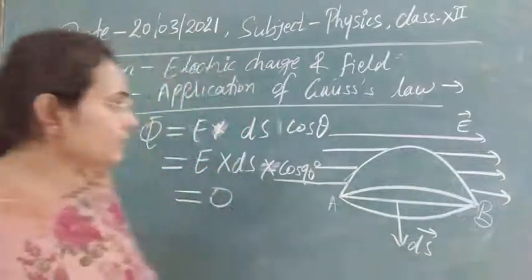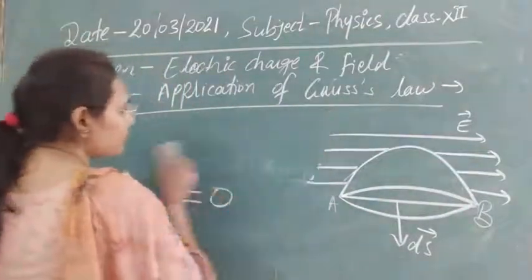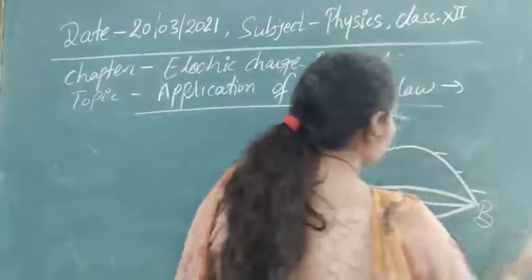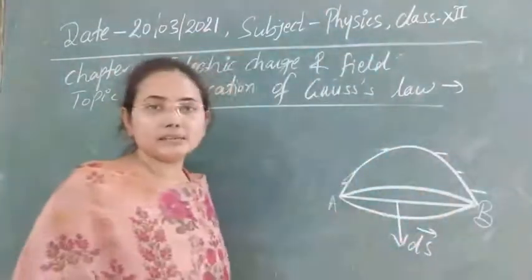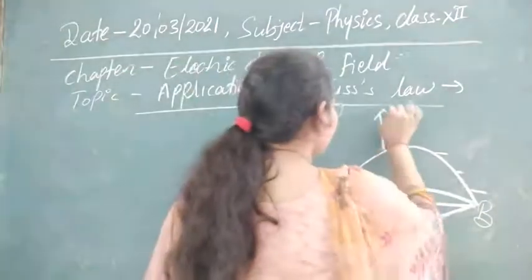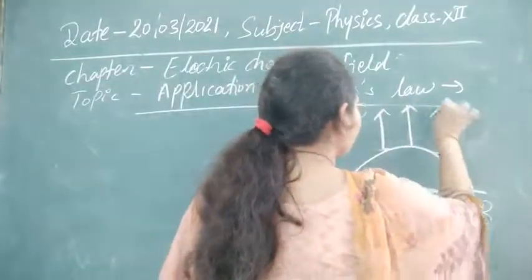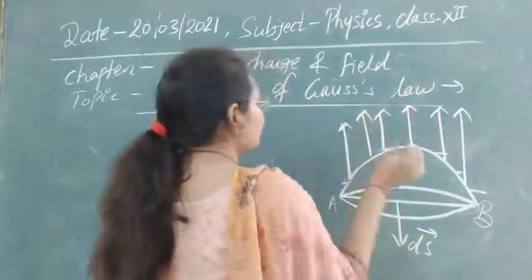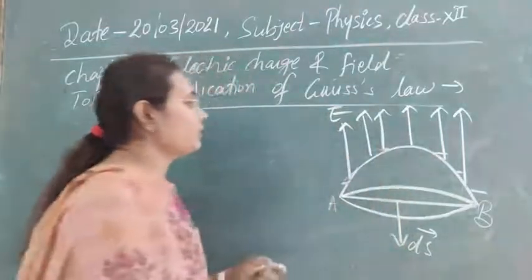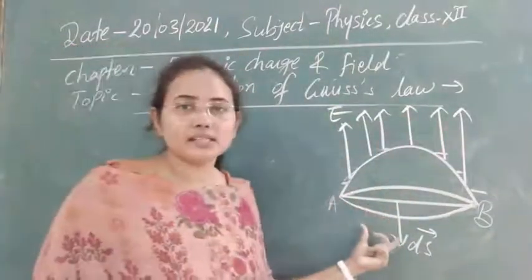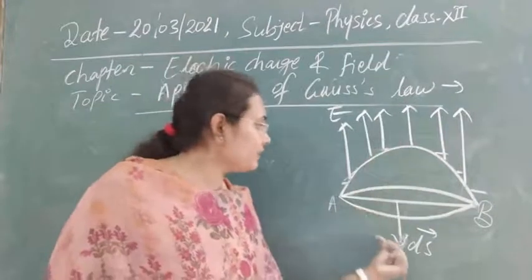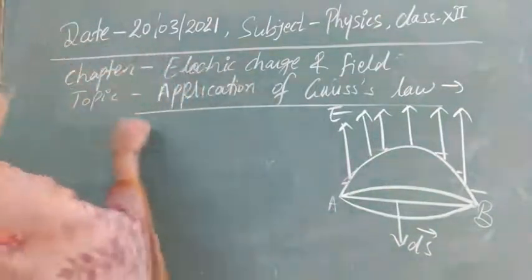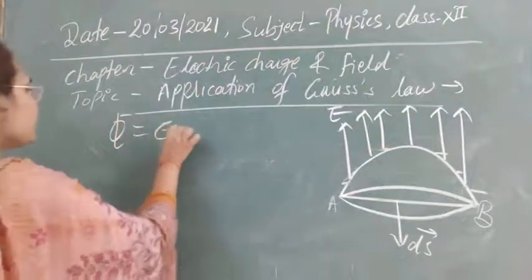The second case is when the electric field is perpendicular to the base of the hemisphere. AB is the base of the hemisphere, and the electric field lines are in the perpendicular direction. This is the value of E. From the figure you can see the direction of the electric field is 180 degrees from the area vector. So phi is E ds cos theta.